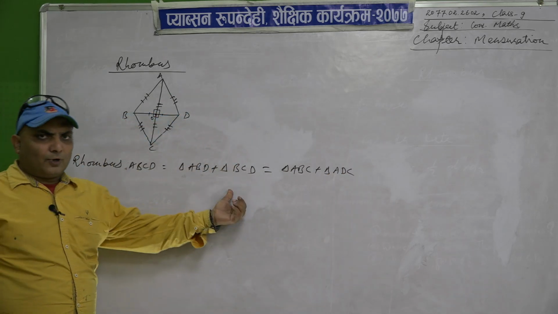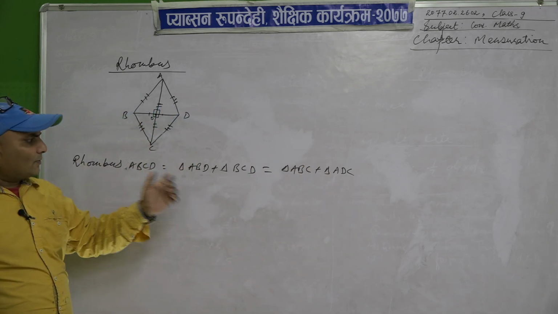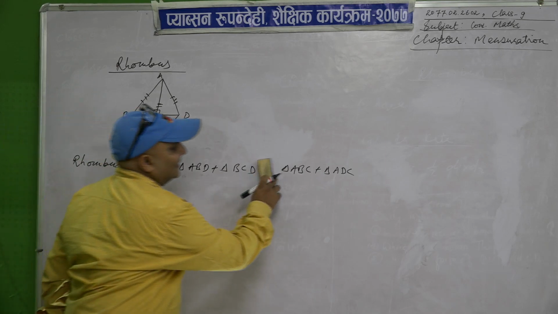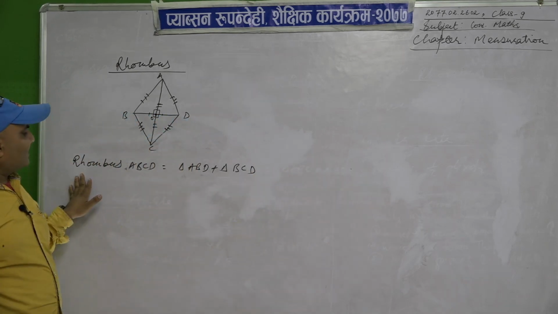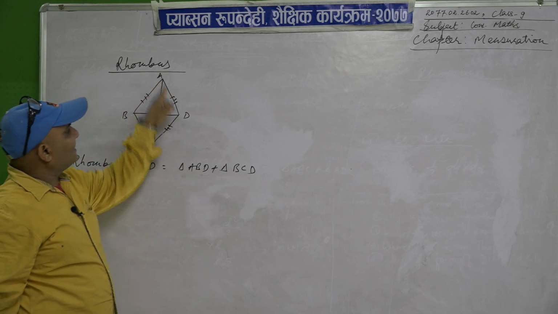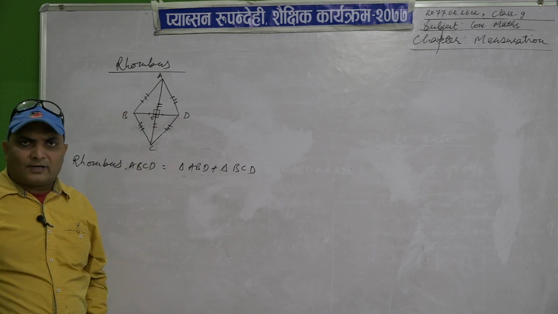We can write it this way also, whatever you like. I am going to write this one. The rhombus ABCD is equal to triangle ABD plus triangle BCD.